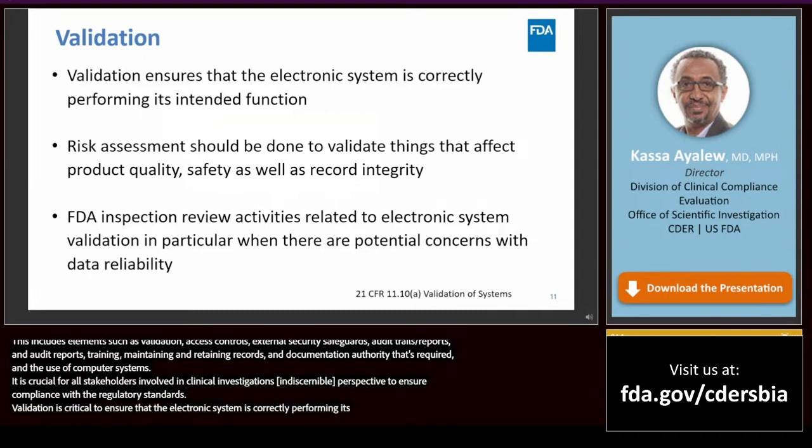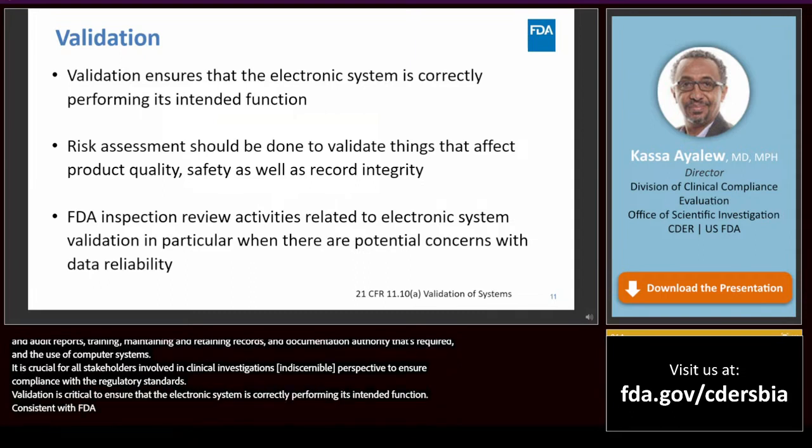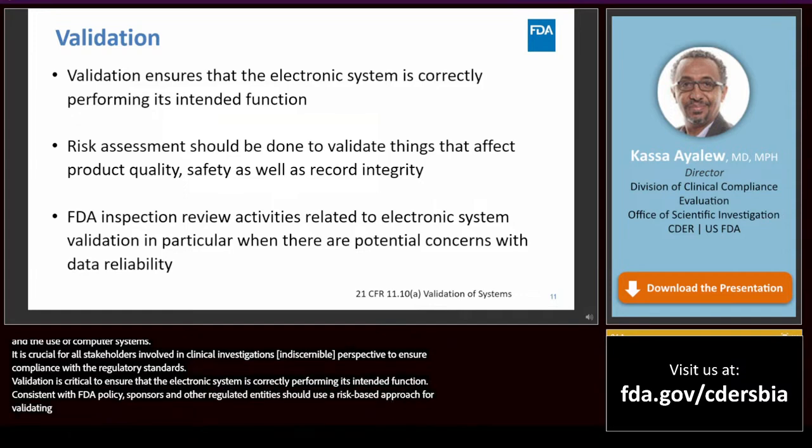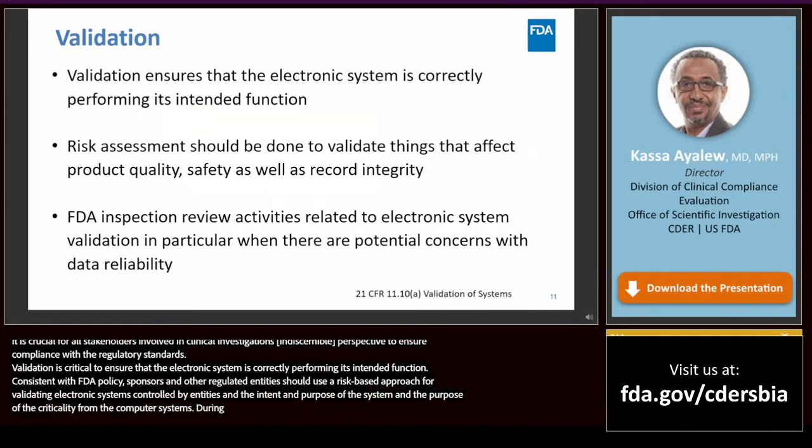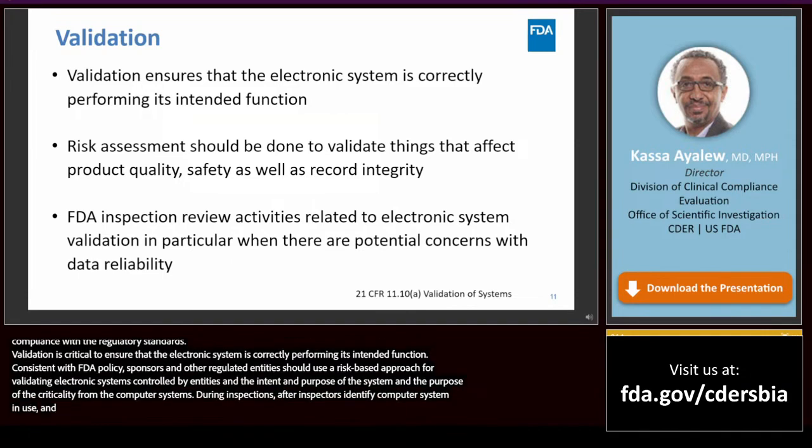Consistent with FDA policy, sponsors and other regulated entities should use a risk-based approach for validating electronic systems owned or controlled by a sponsor or other regulated entities, taking into account the nature of the electronic system, the intended use of the electronic system, and the purpose and the significance of the record and the criticality of the data generated from those computer systems.